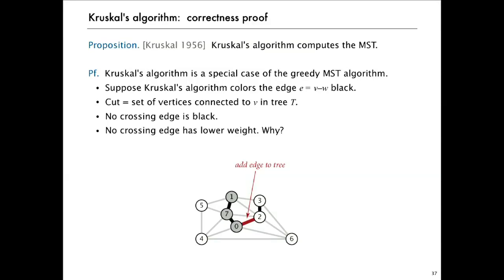Well, we haven't examined any of those edges yet, and they're all longer because we're considering the edges in increasing order of their weight. So this new edge that connects V somewhere else is a crossing edge of minimal weight, and so the algorithm always finds a cut and colors the crossing edge of minimal weight for that cut black, and it's an instance of the greedy algorithm.